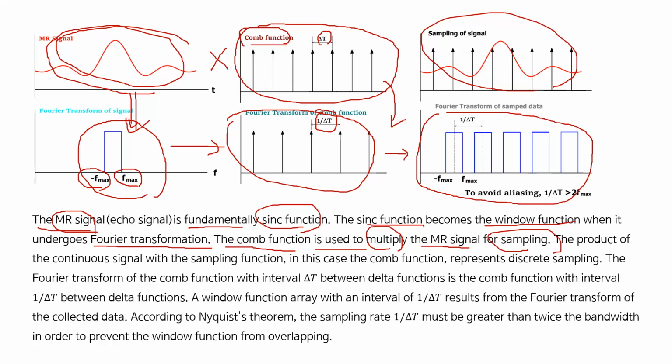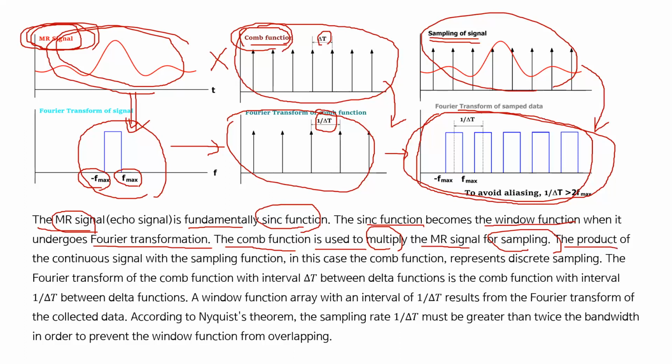If we do the Fourier transform of the function, which is the MR signal multiplied by the comb function, then we have a series of window functions.